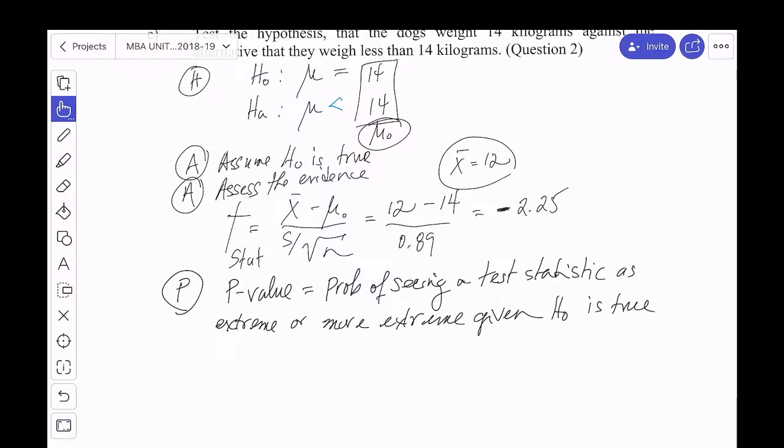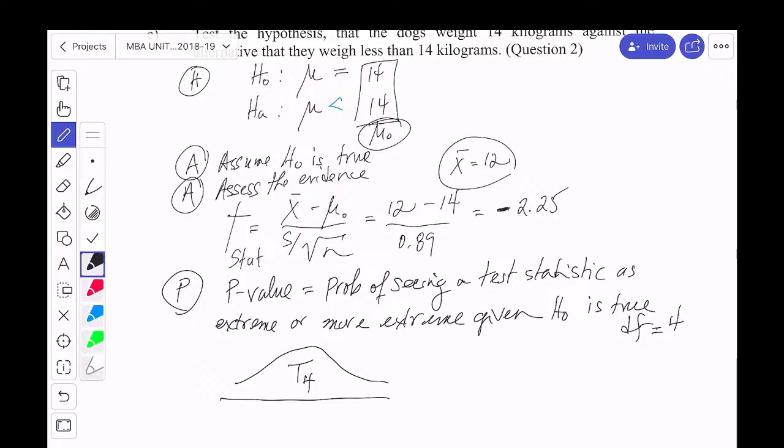So what you do is you draw a picture, and this is your chance to put T and the number 4 down, right? Because it's 4 degrees of freedom. And you remind yourself of what you're dealing with.